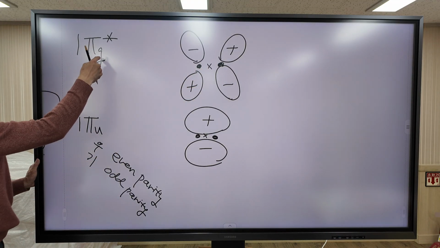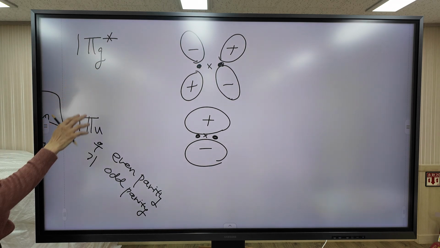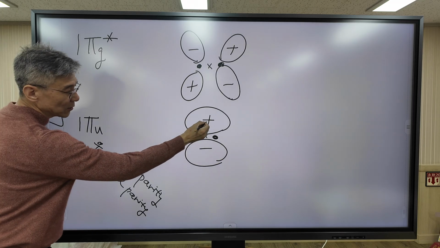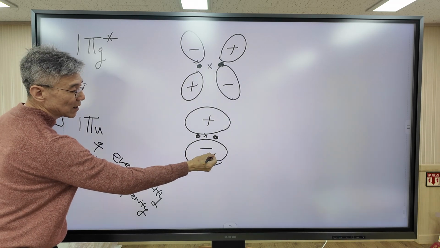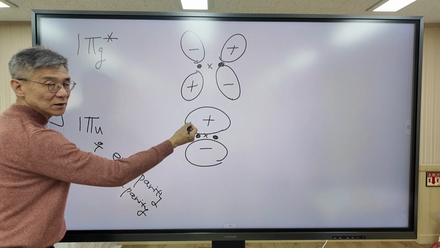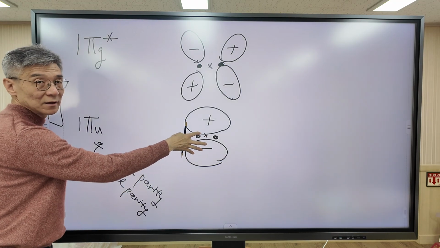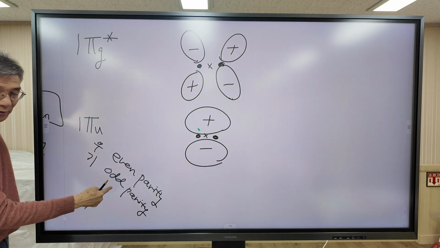So this is called a gerade function. It doesn't change sign through the inversion. But here, positive sign goes to minus sign, and minus sign goes to positive sign. The sign changes. So this function is called an ungerade function. It is odd parity.